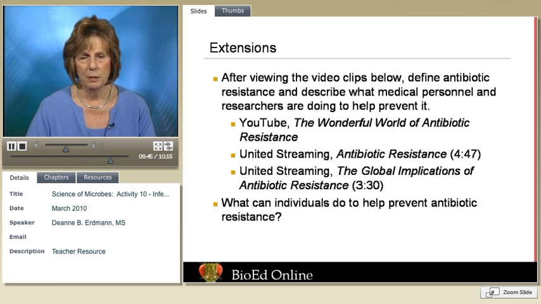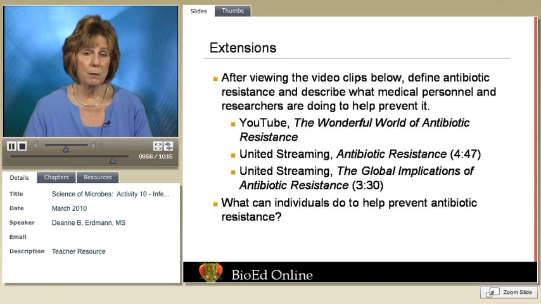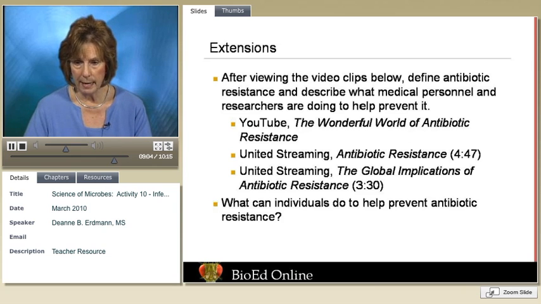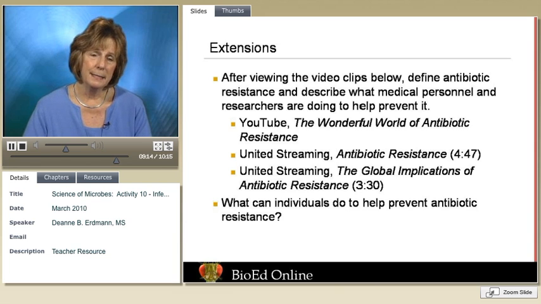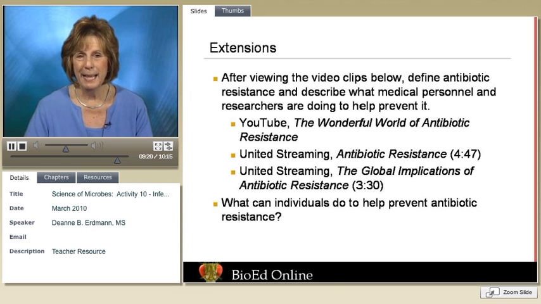A great extension to this activity is the discussion of antibiotic resistance and the development of that in our society today, and the problem that creates for everybody. And what students need to understand is that, let's say that I don't use my antibiotics properly, I don't take the full prescription when I have something that requires that, or I overuse antibiotics or antibacterial kinds of products, and I get some bacteria that are growing in and around my home or my body that are resistant to some of the best antibiotics.